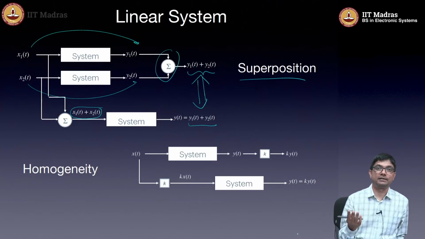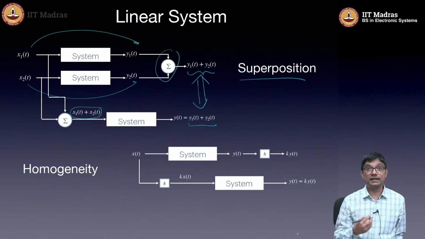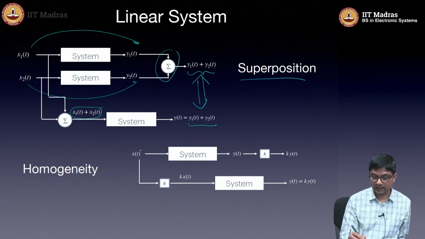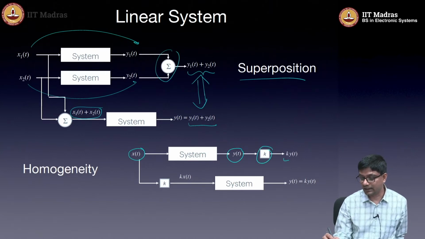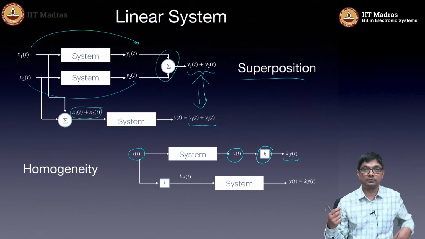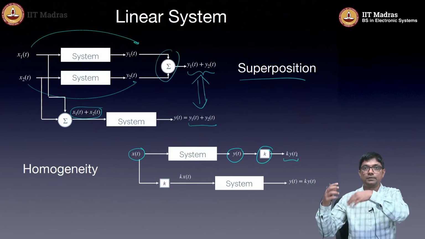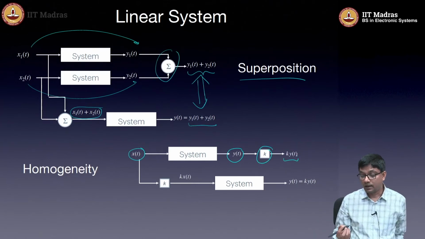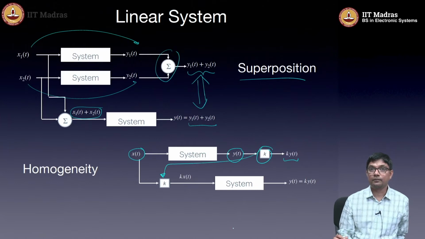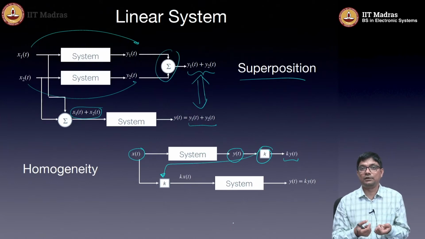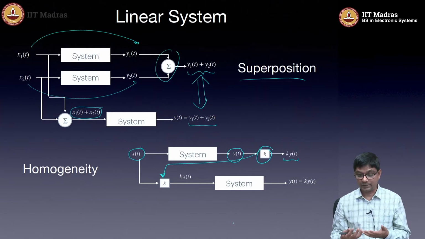Then you can look at our other example also, what we did. Homogeneity is the same. I take the input, I measure the output, I scale the output by some factor k to get k times y(t). Just take input, output, put some scaling. Just like here, I said, why not add the two signals before? Why not take this and put it here? Don't feed x(t) to the system as input, feed k times x(t).